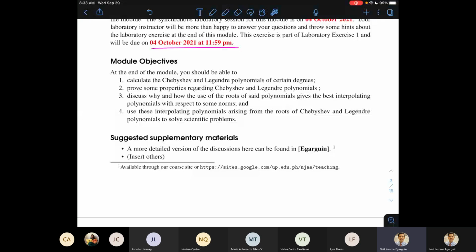And then also for the problem set, you should be able to describe why and how the use of roots of these polynomials gives the best interpolating polynomials with respect to some norms. And of course, our goal, which is to use these interpolating polynomials to solve scientific problems.